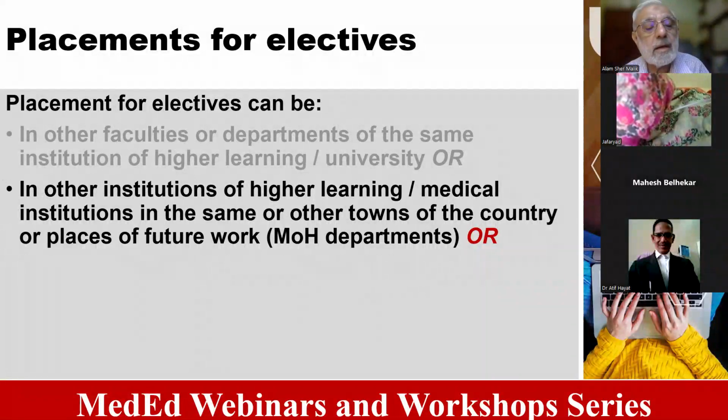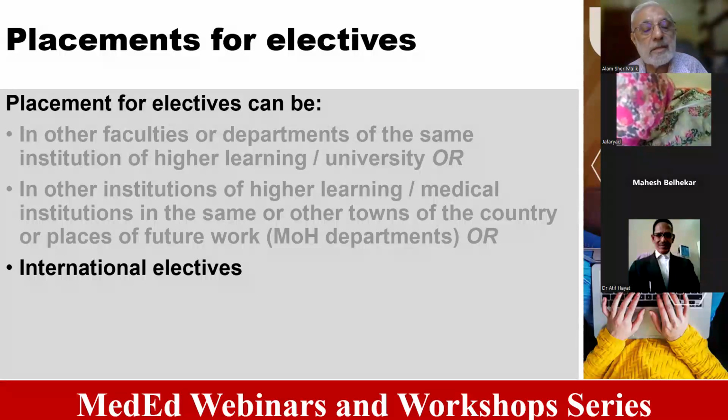Or it can be in another institution of higher learning, a medical institution in the same or other towns of the country, or places of future work like Ministry of Health departments, or it can be an international elective.